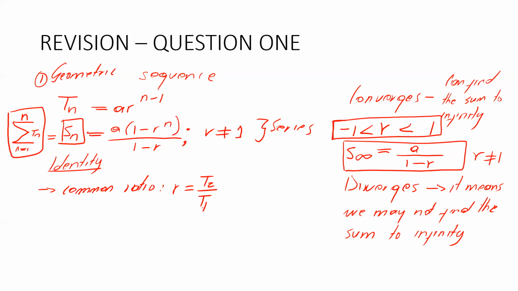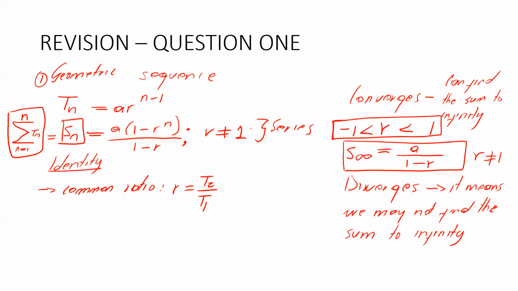Yes. Now, just remember, for us to actually identify a geometric sequence, we need a common ratio. Once we have a common ratio, to find the sum, we're going to use this formula that I just gave you, which is a into 1 minus r to the exponent of n, divided by 1 minus r, where r may not be equal to 1.